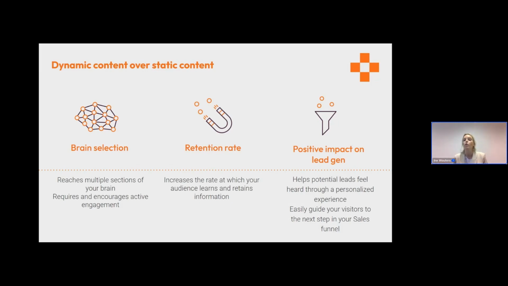And therefore, it will also have a positive impact on lead gen because they feel heard through a personalized experience. By this, you will be able to easily guide your visitors to the next step in your sales funnel or marketing funnel. So you will also have more leads by using interactive content.